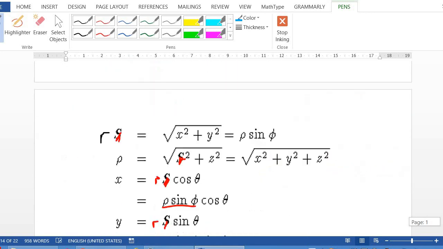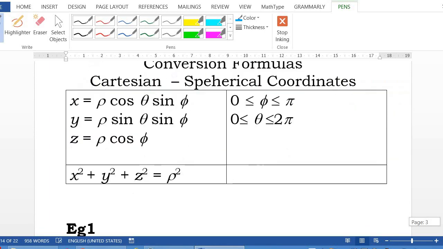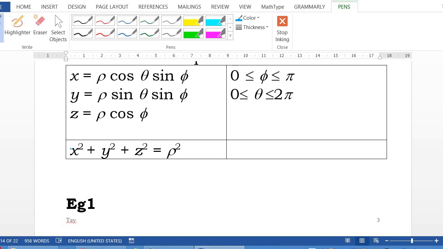So we conclude: for your triple integral in spherical coordinates, x squared plus y squared plus z squared equals rho squared, and x is rho sin phi cos theta, y is rho sin phi sin theta, z is rho cos phi.